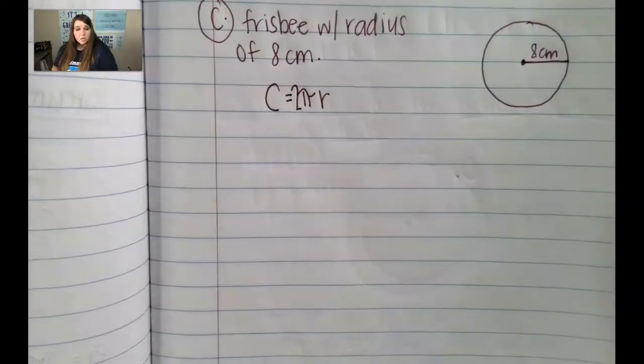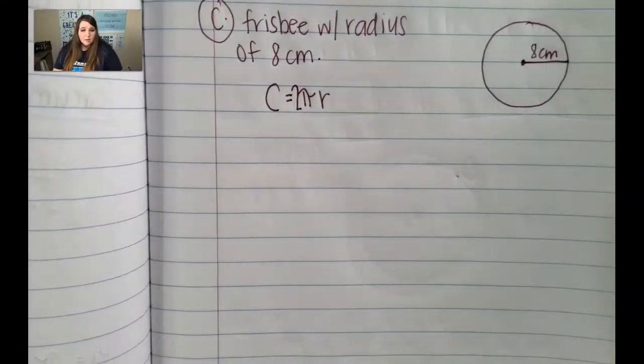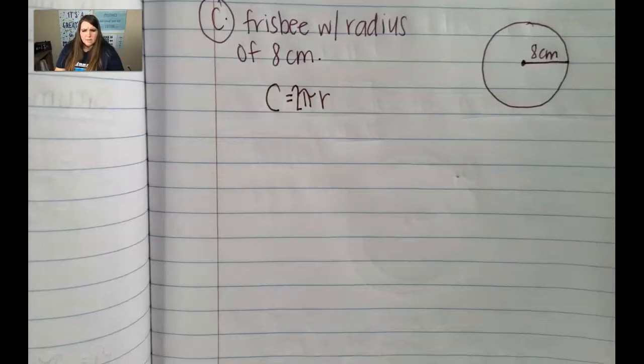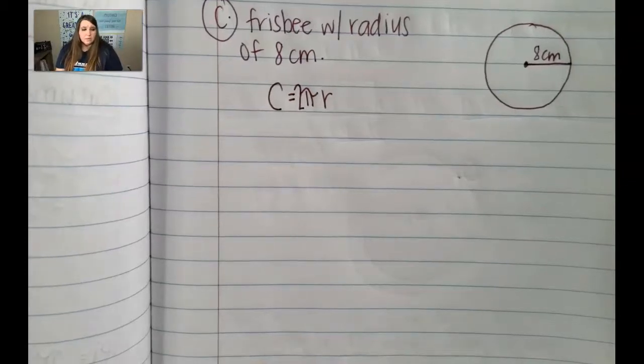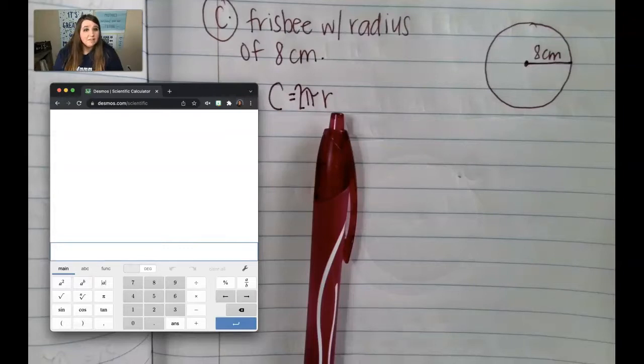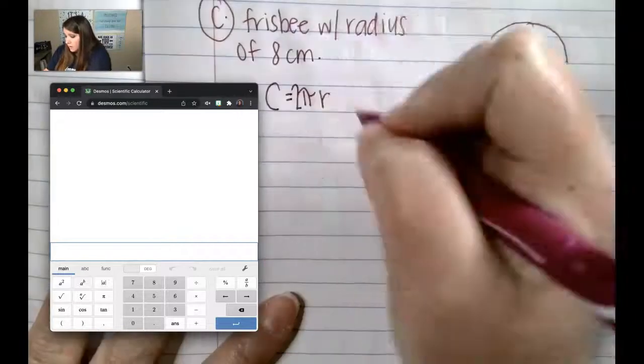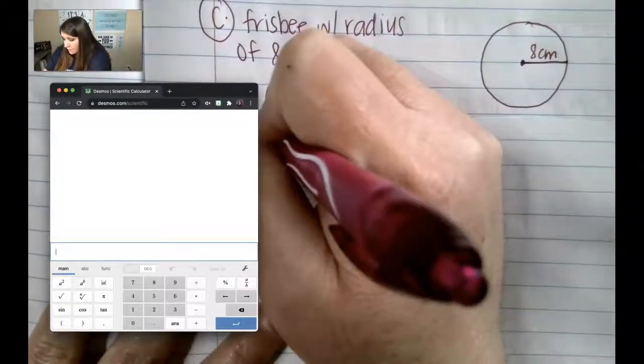This time, if you want to use the pi button, you can. Let me see if I can pull up Desmos real quick so I can show it to you in action. Okay, so we have the Desmos calculator. So we have our circumference.